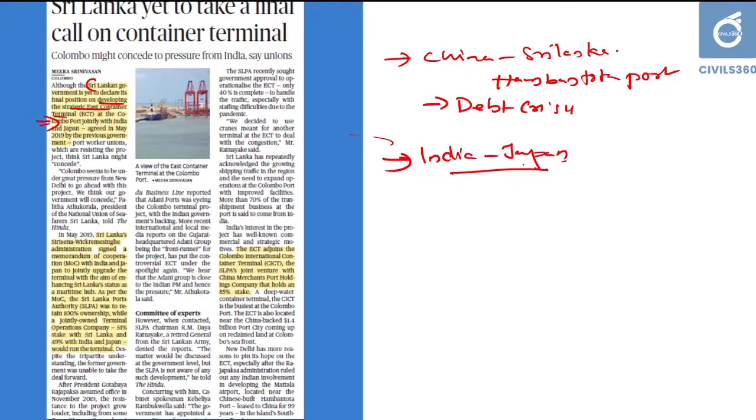India wants to become the net security provider in that region. So go through the idea of net security provider in the Indian Ocean region. Just go through this article, that is enough.